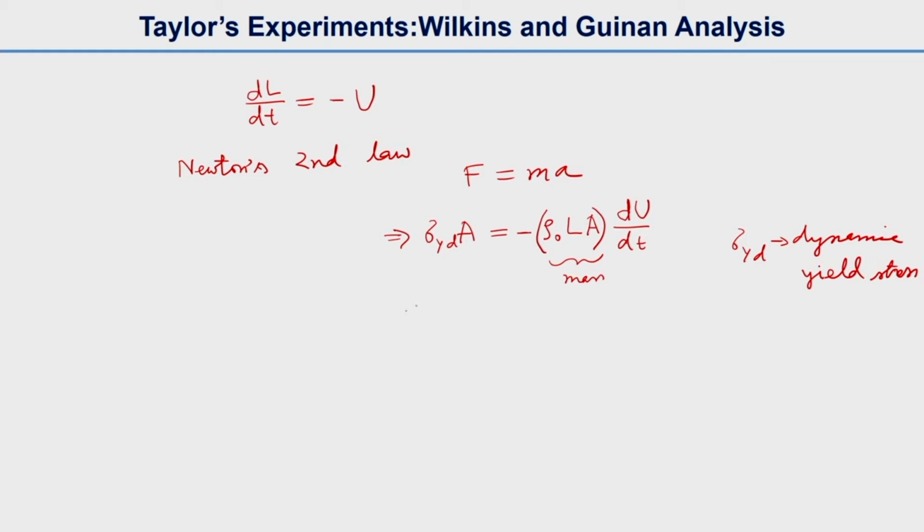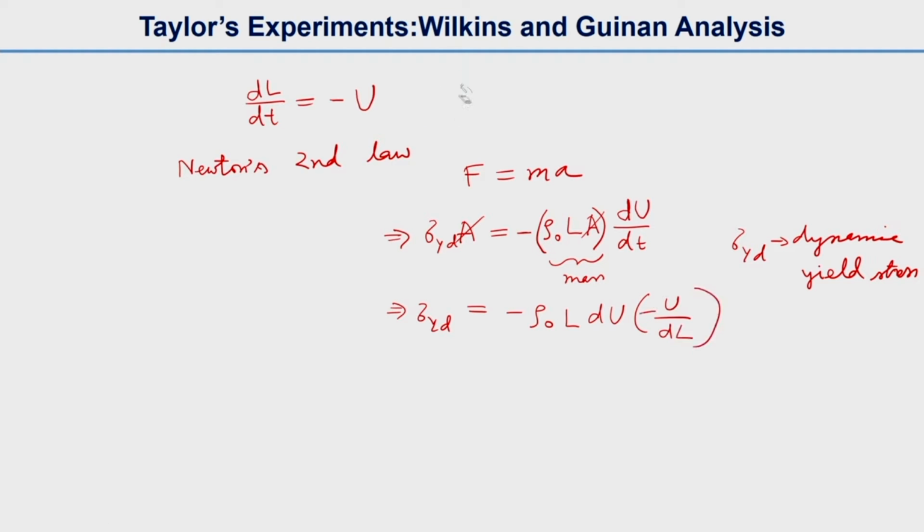We can cancel the area term, and sigma yd will be equal to minus rho naught L du by dt. If we combine it, we can write 1 by dt as u by dL.